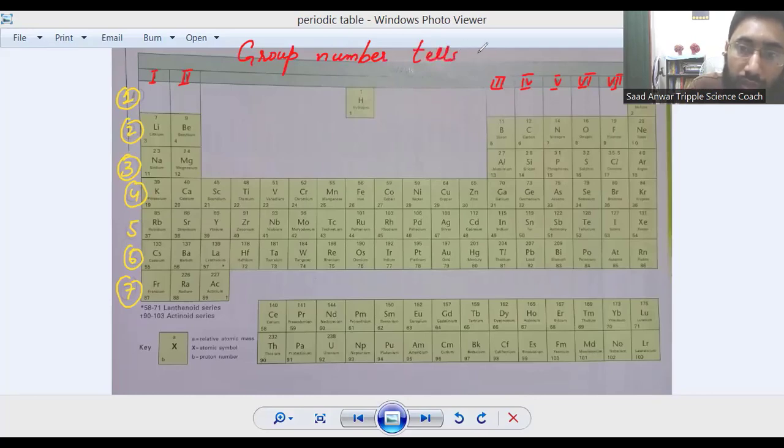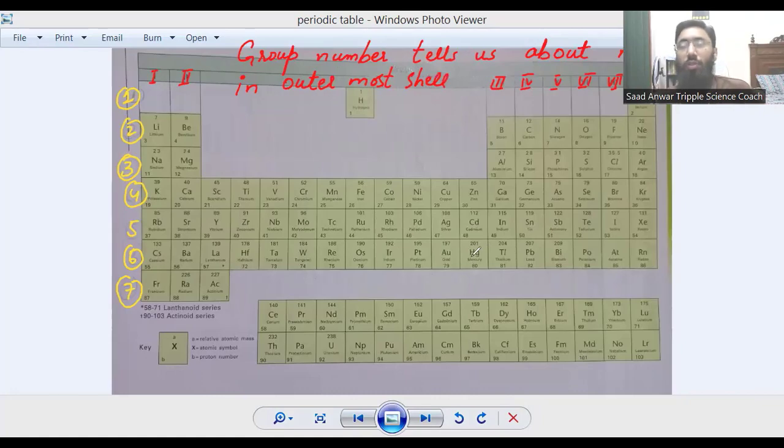Group number tells us about the number of electrons in the outermost shell.